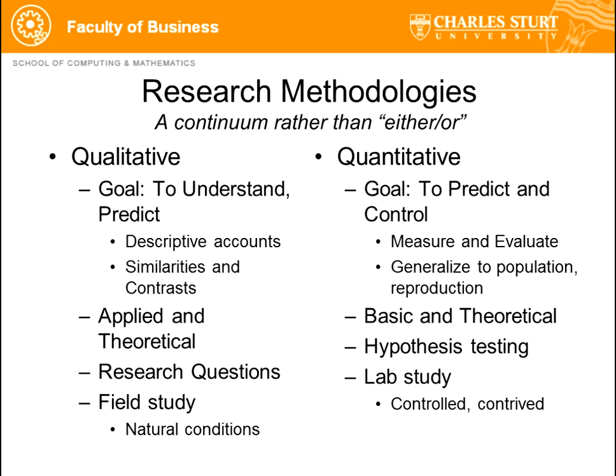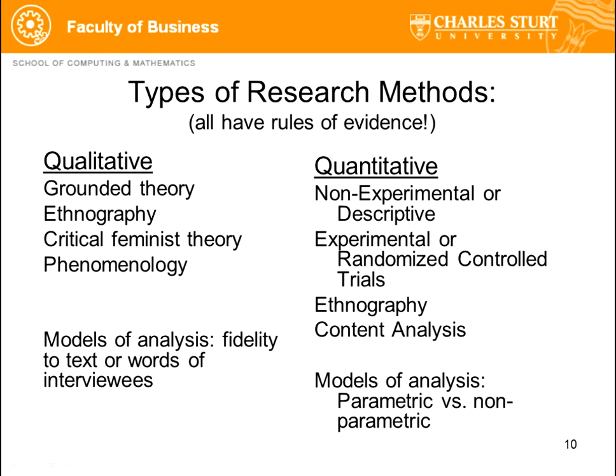And we have different research questions, quite often based on natural study conditions. So actually going out there and interviewing and looking at existing organizations. So qualitative: grounded theory, ethnography, right down to things like critical feminist theory and phenomenology. So looking at things that occur.